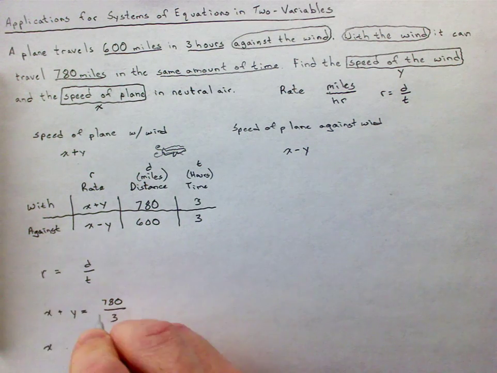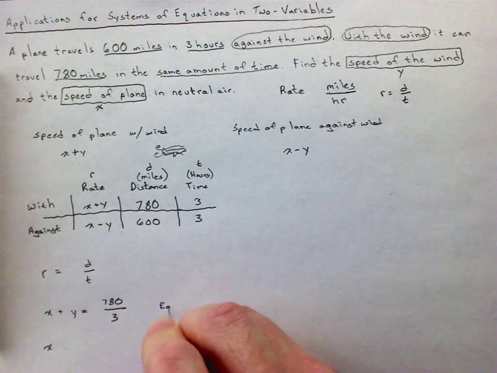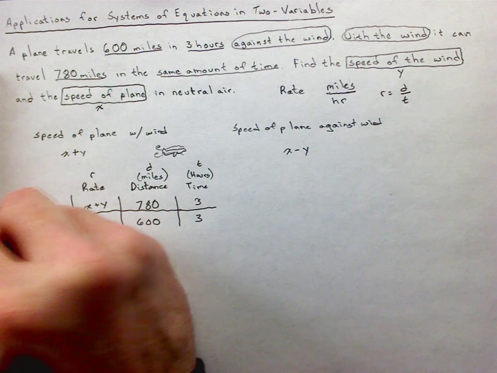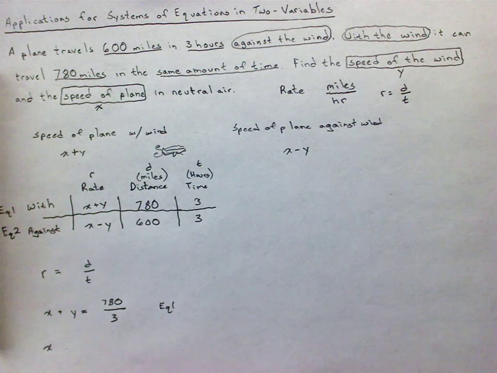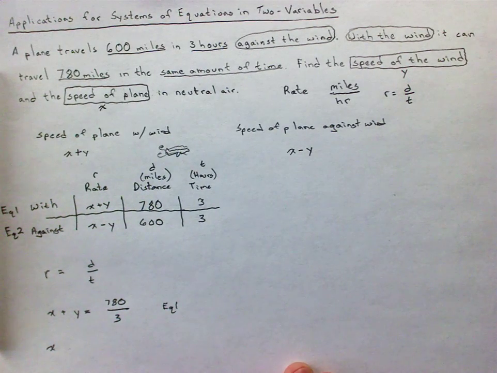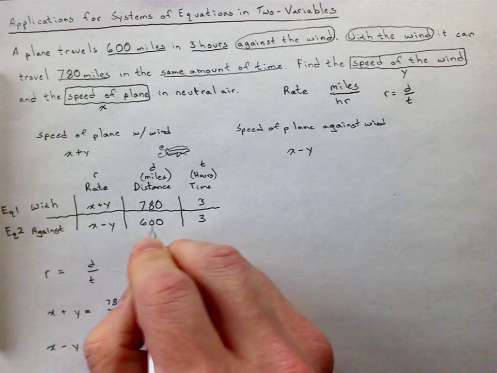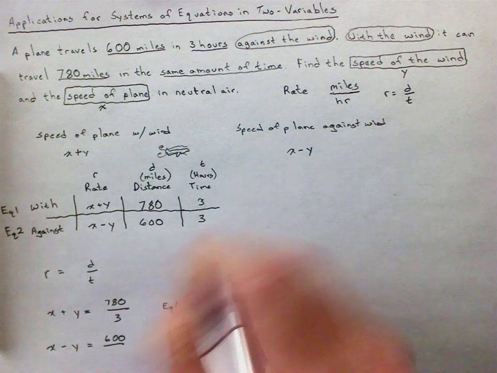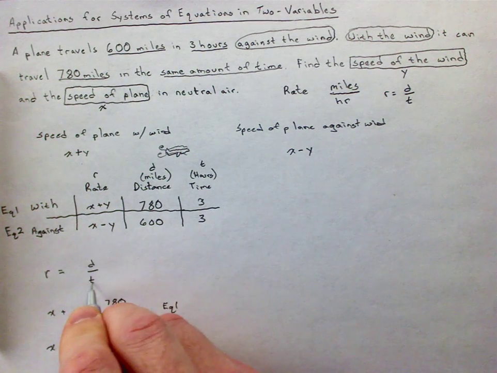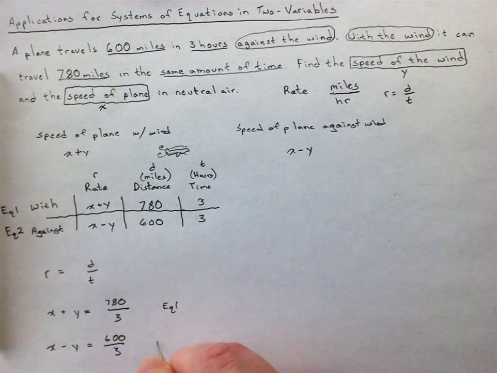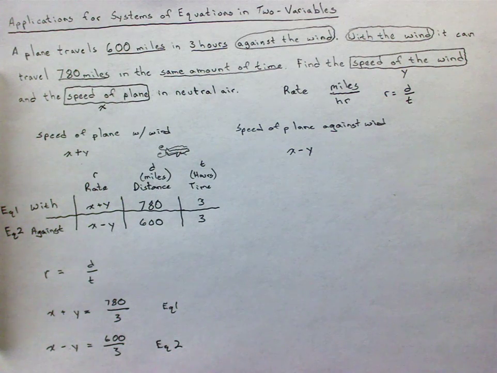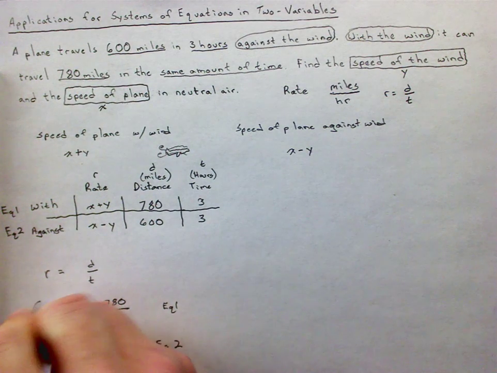This is with the wind. This is equation 1. Then x minus y equals 600, distance, divided by my time 3. And that is equation 2.